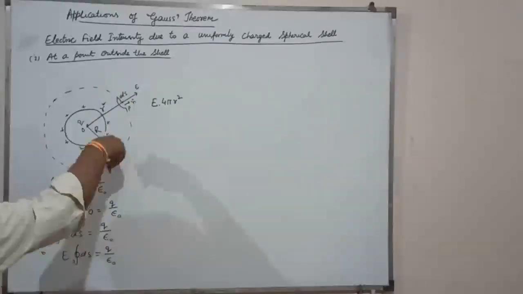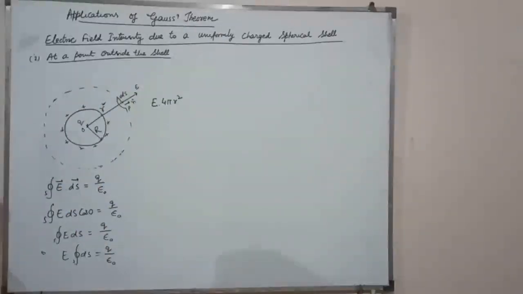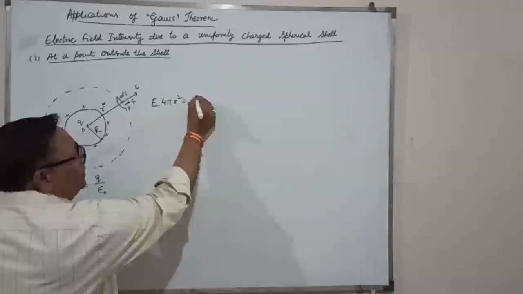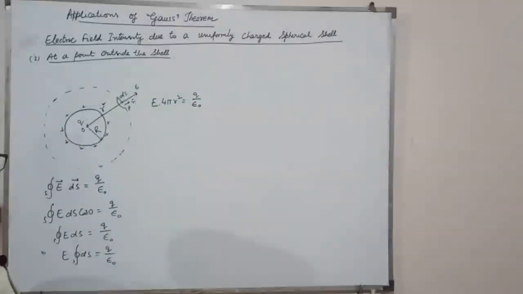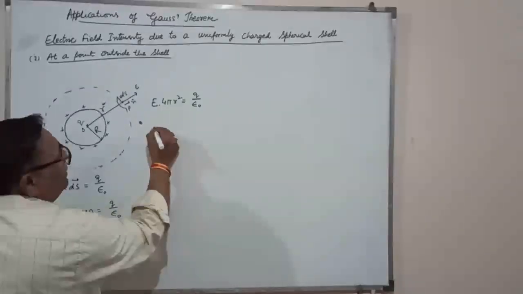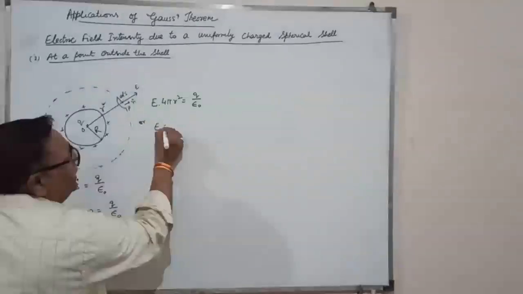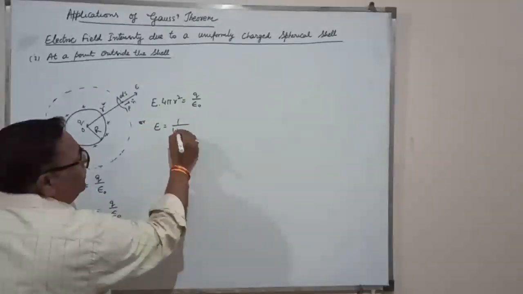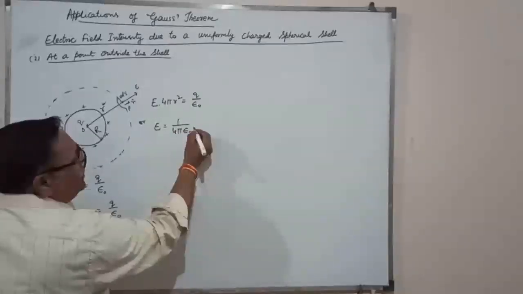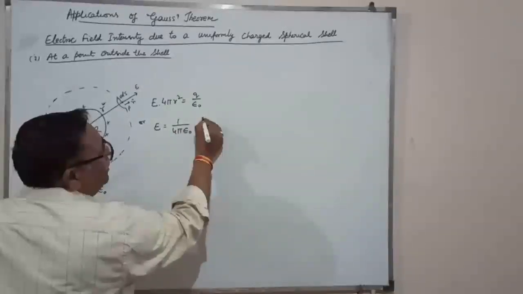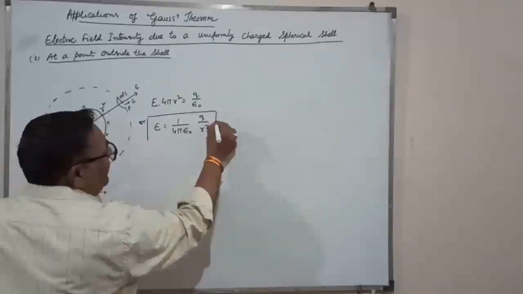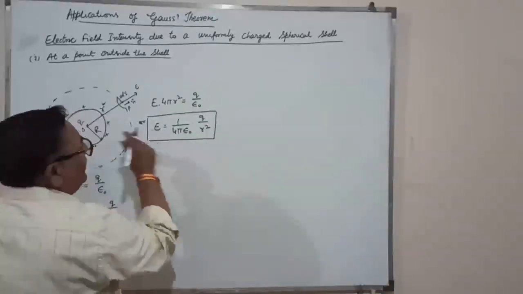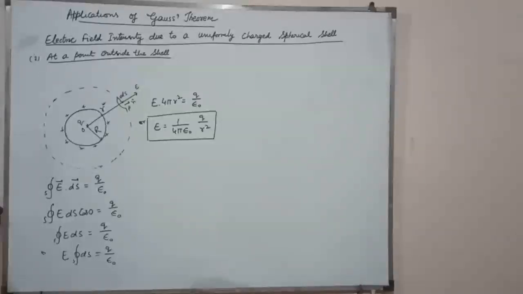This is the surface area of the spherical surface. So E into 4 pi r square is equal to Q upon epsilon naught, or E is equal to 1 upon 4 pi epsilon 0 Q upon r square. This is the value of electric field intensity at any point outside the spherical shell.